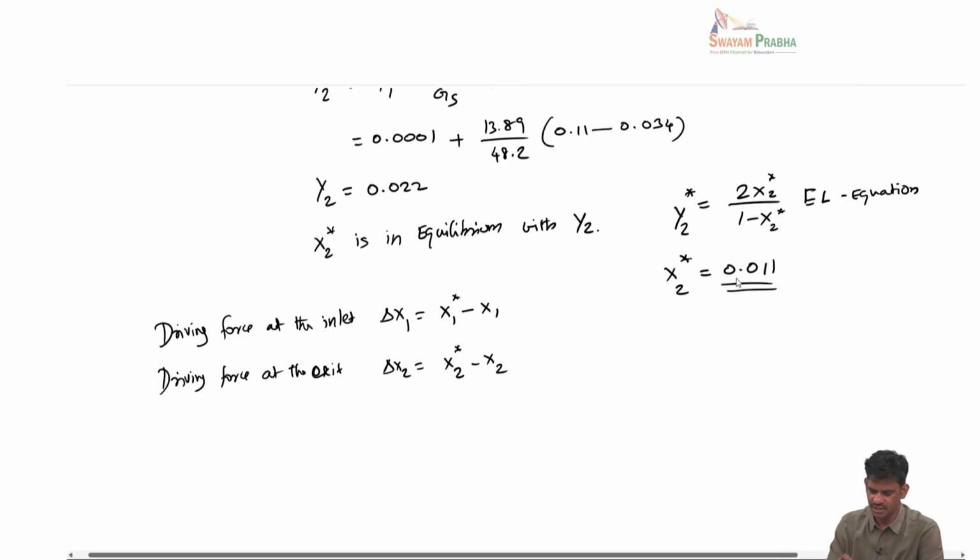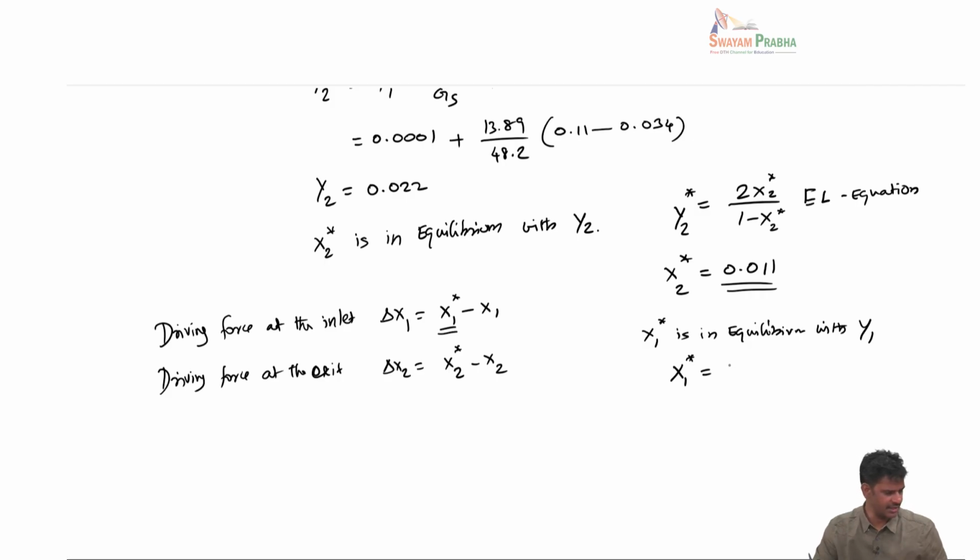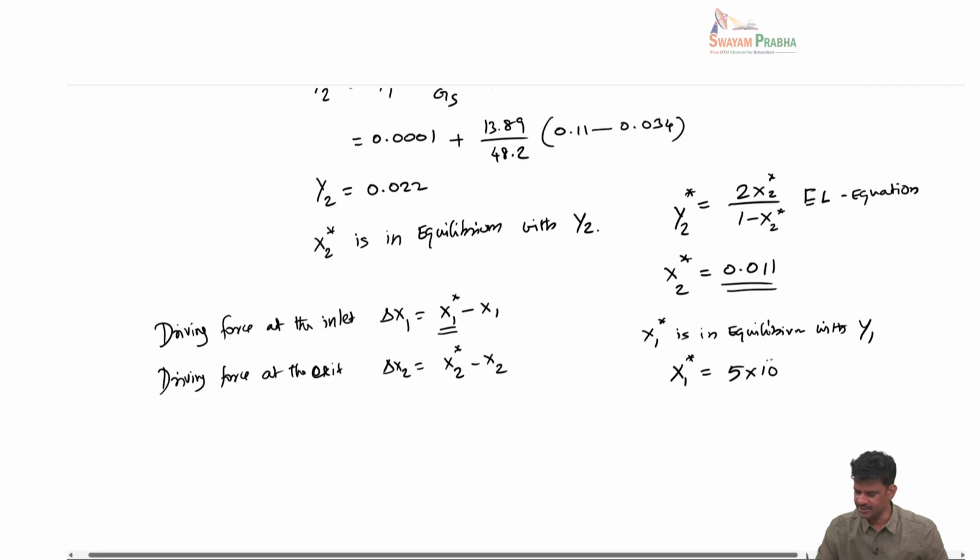So this X1 star is in equilibrium with y1. You can calculate that x1 star from the equilibrium line, and you will get x1 star as 5 into 10 power minus 5.